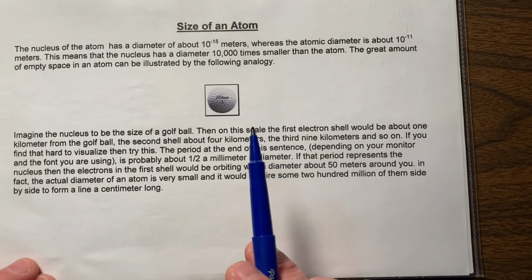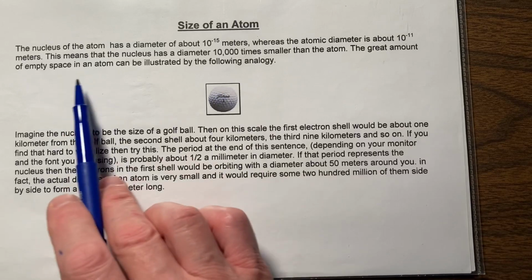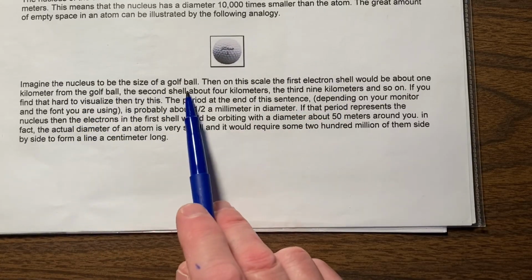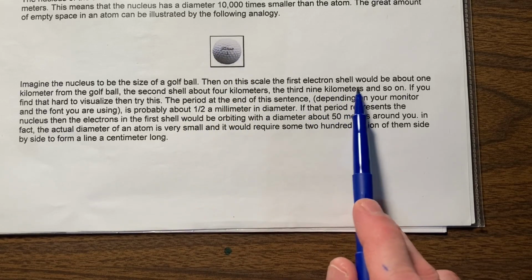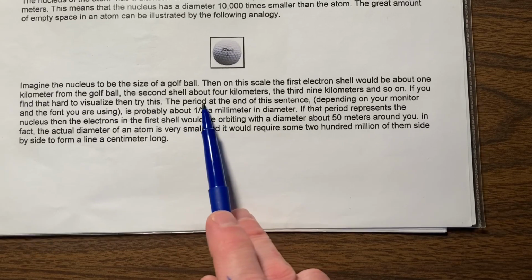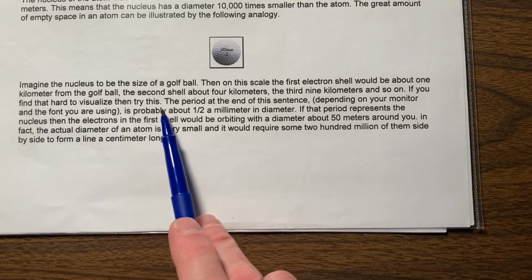The point is that atoms are mostly empty space. The great amount of empty space is illustrated by this analogy. Imagine the nucleus to be the size of a golf ball. Then on this scale, the first electron shell would be about 1 kilometer from the golf ball. The second shell about 4 kilometers, the third 9, and so on. If you find that hard to visualize, try this.